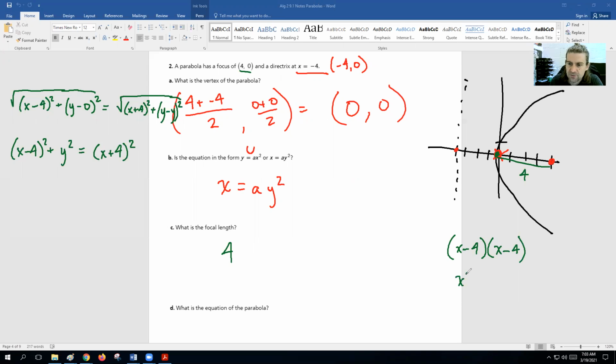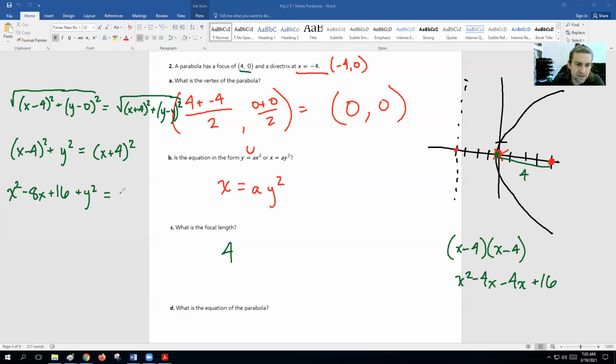X times x is x squared. X times -4 is -4x. -4 times x is -4x. And -4 times -4 is positive 16. So if we add the middle terms, you would get x squared minus 8x plus 16. We have our y squared.